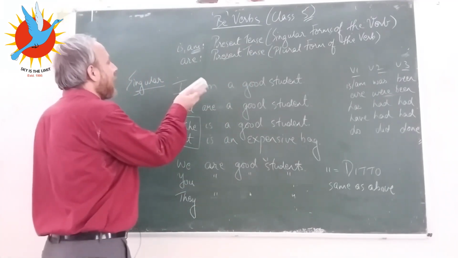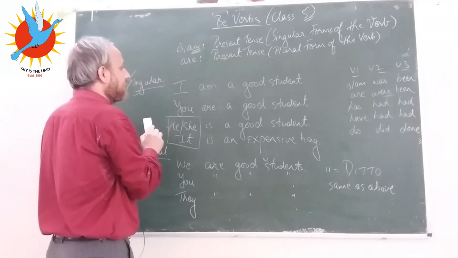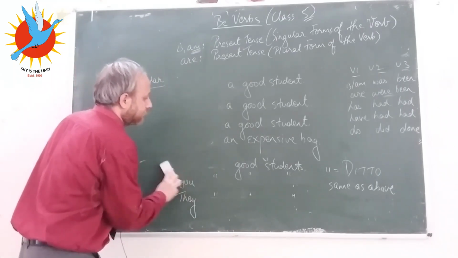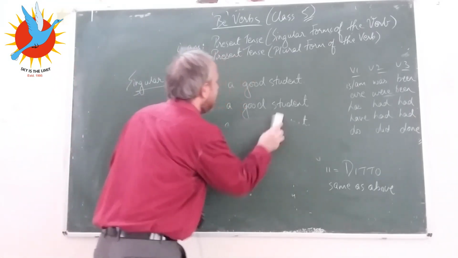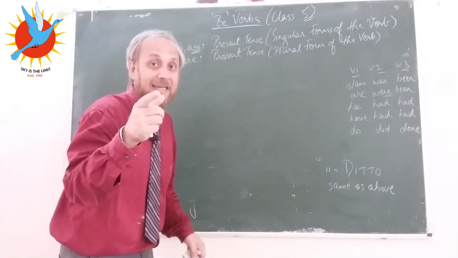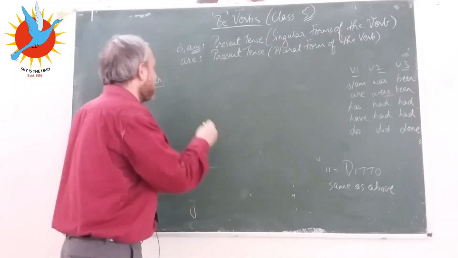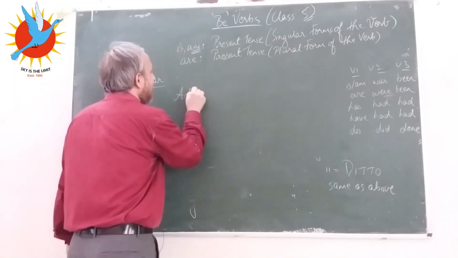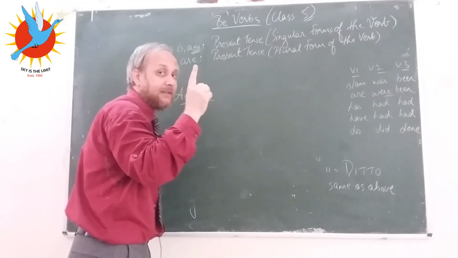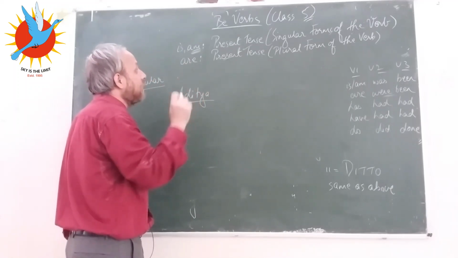Another thing I wanted to tell you. Kids, I did subject-verb agreement with you last year, so I'm sure you remember. Let's say Aditya is one person, so the subject here is singular. That's why you will use the singular form of the verb.